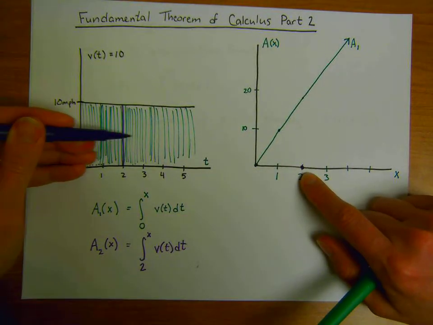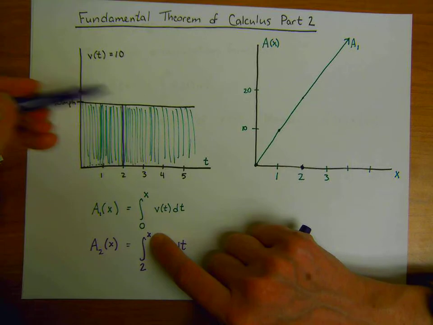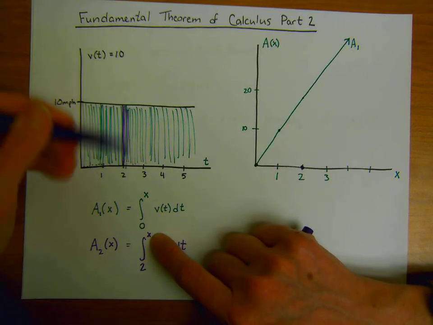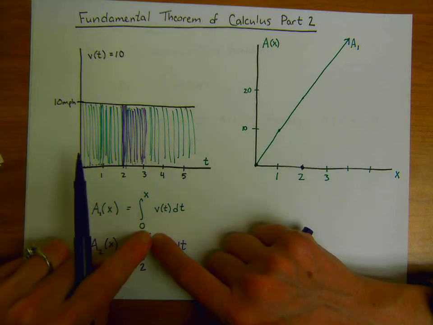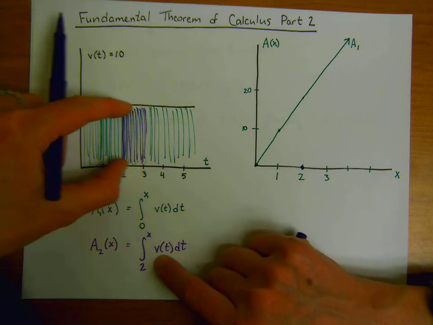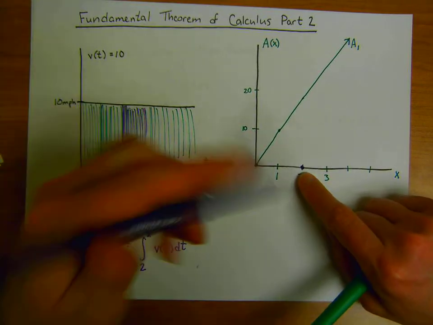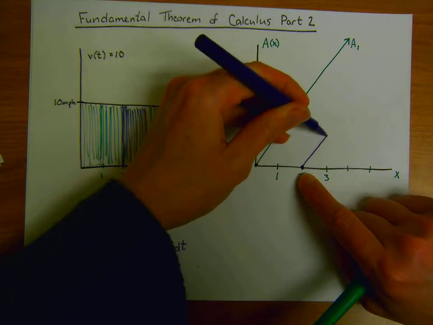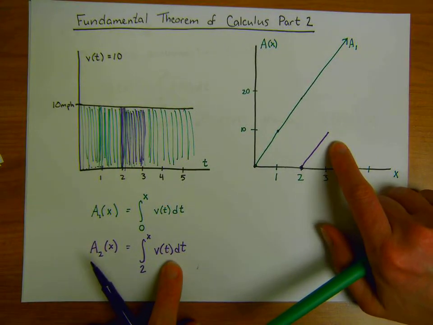And as I accumulate area, as x increases, these are all considered positive areas. So as this accumulates from 2 to 3, for example, I have gone exactly 10 miles because it's been exactly an hour. And I get a curve that looks like this.